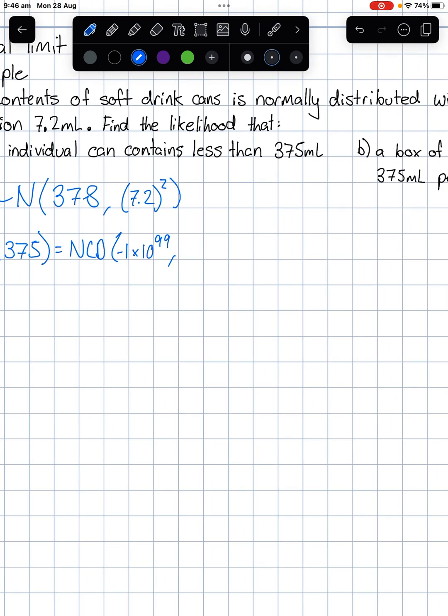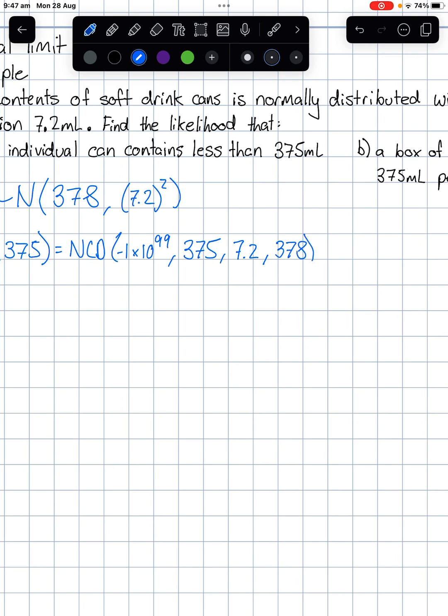And then we're looking at 375. And then you've got to remember on the Casio, so I'm on a Casio here, we flip these around, so we put our standard deviation in there and then our mean in last.